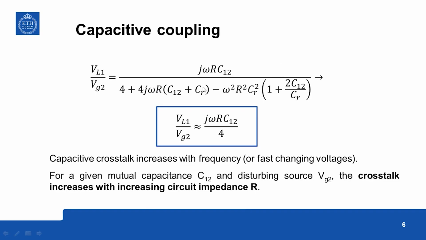So we get an expression like this, VL1 by VG2. This is the transfer function. VG2 is the source, VL1 is the noise voltage.